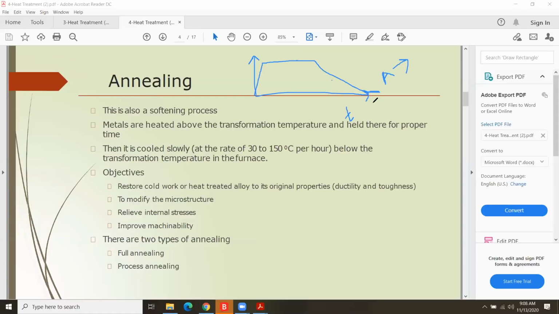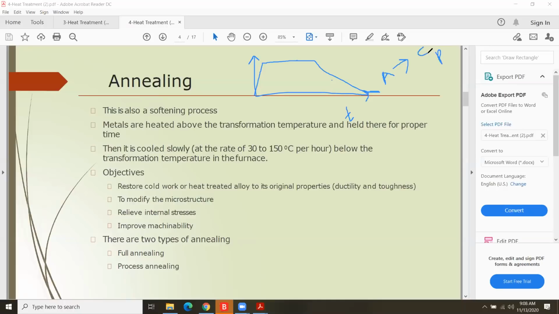Once you cool down this steel, austenite structure is converted into pearlite, but that's a coarse pearlite structure. Normalizing converts austenite into fine pearlite, but in the case of annealing, austenite is converted into coarse pearlite, right? Therefore, the material you receive from the annealing process is very soft.